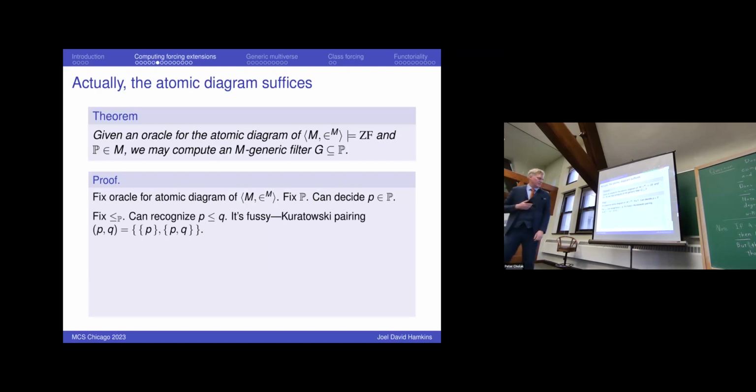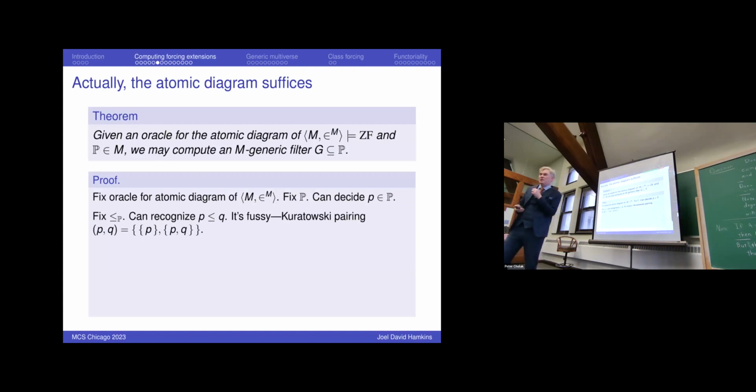And now fix an index for the order. The order is a set inside the model, and so it's represented by some number in the presentation. And I claim then we're going to be able to recognize when P is less or equal Q with respect to the order. And that's actually a little more irritating than you might think at first, because it's not directly a membership question, but we have to code the pairs, right?